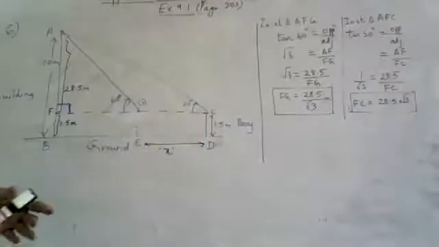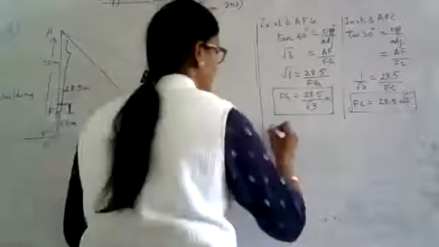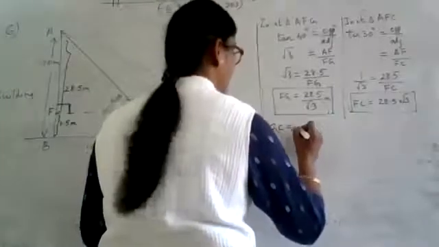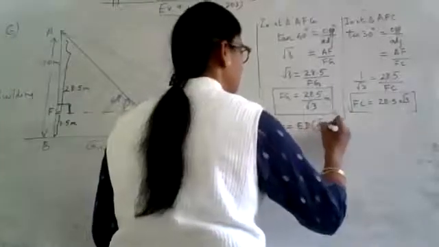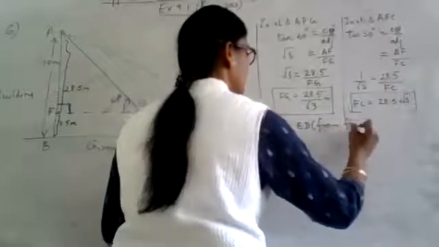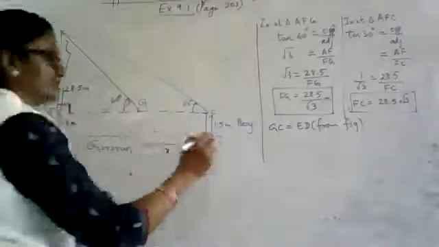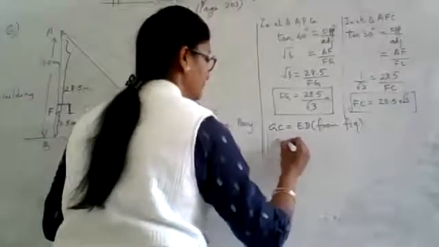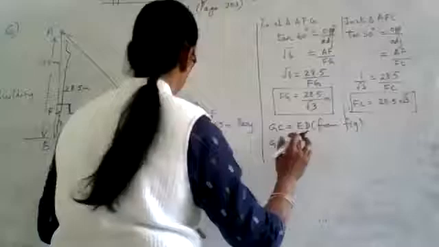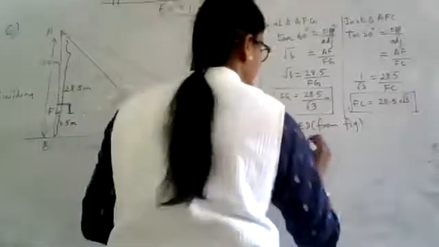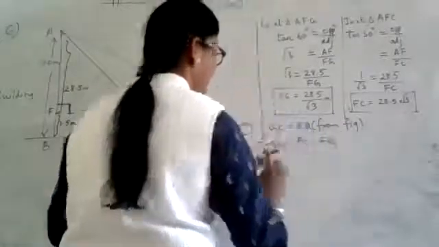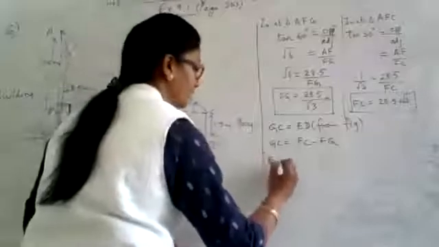So I will write my GC equals ED from the figure. Then I know my GC is FC minus FG. So in place of GC, we can put ED.